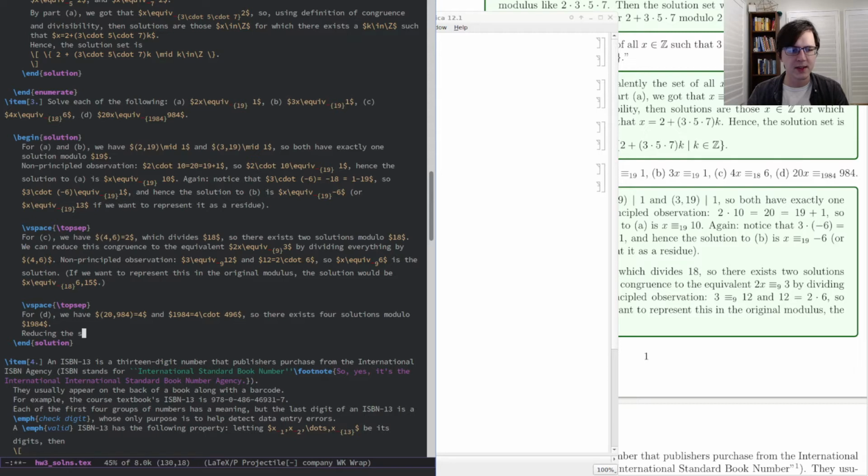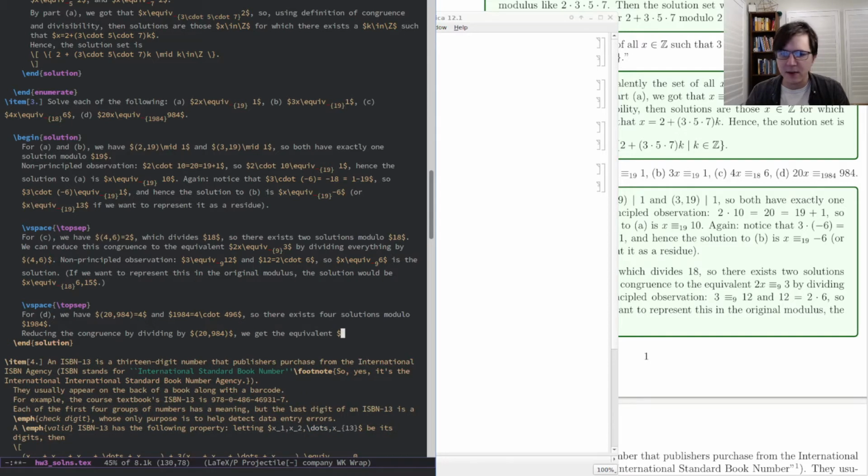Let's reduce the modulus. Reducing by dividing by the GCD, we get the equivalent.